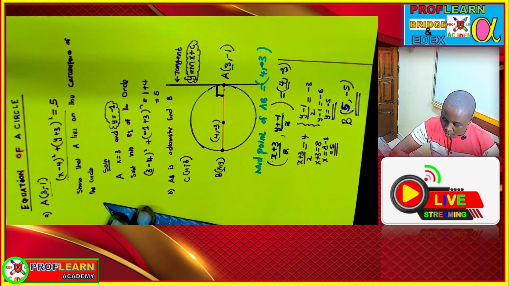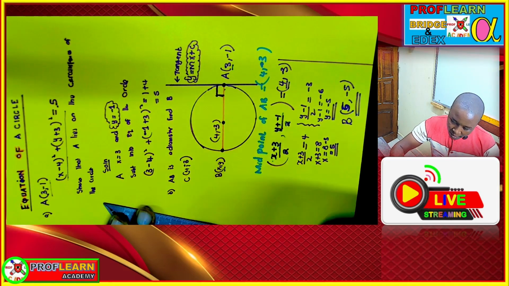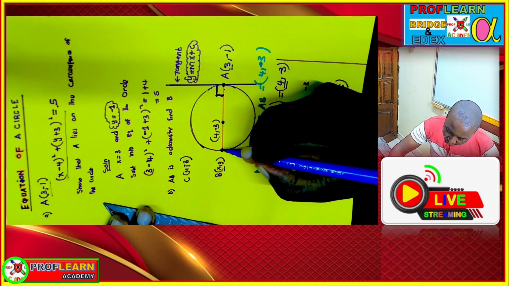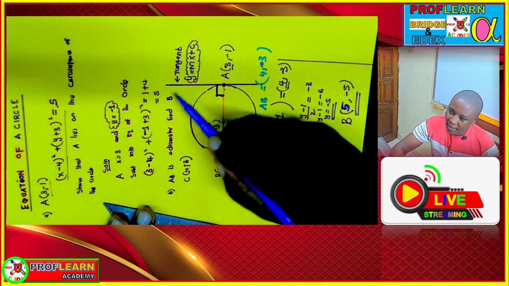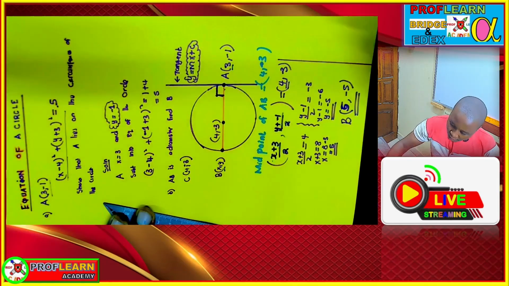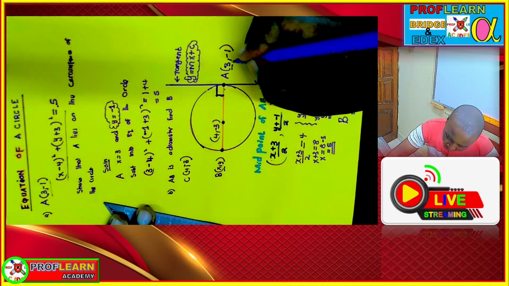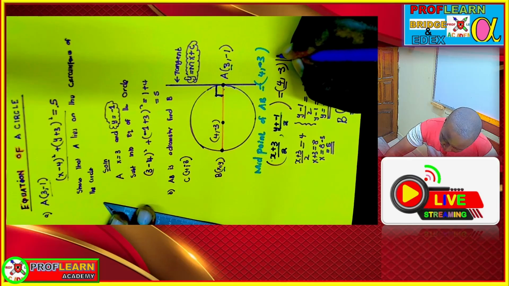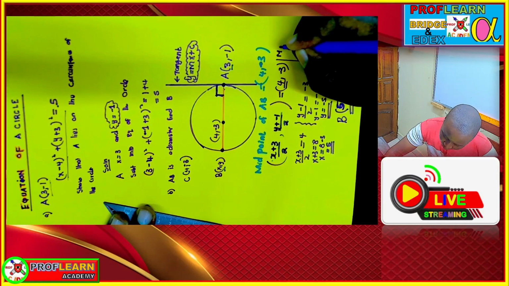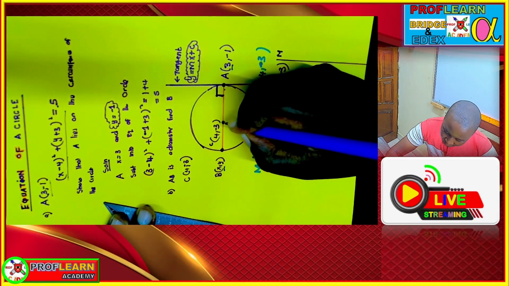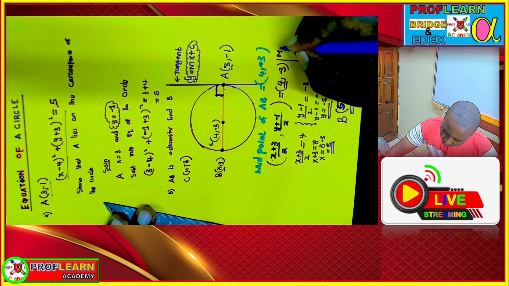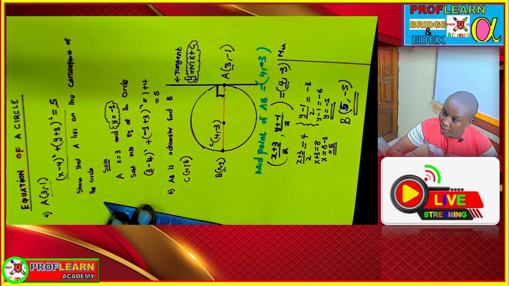Which implies that if you know the gradient of this line, you can know the gradient of the tangent as well, isn't it? So we can find the gradient of line CA, where C is the center, the gradient of radius CA.